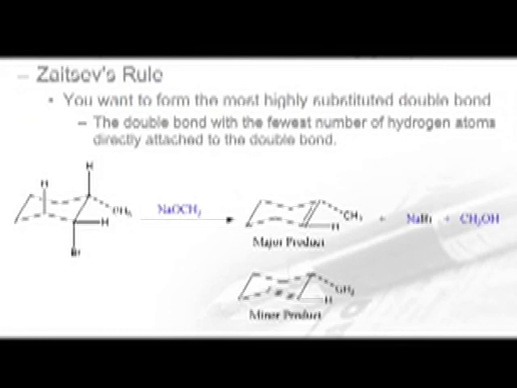Of course, over here, we notice we get a mixture of products. Zaitsev's rule says the product with the least number of hydrogens directly attached to the double bond should be your major product. So you notice the compound on the bottom has how many? 2 hydrogens attached, where the compound on the top, which is our major product, has only 1.